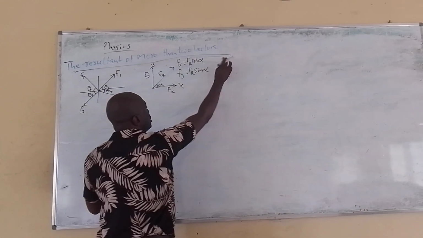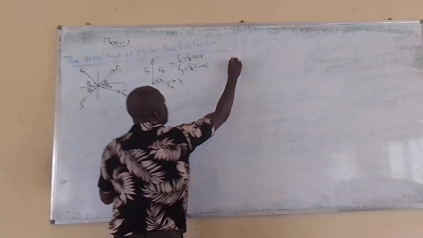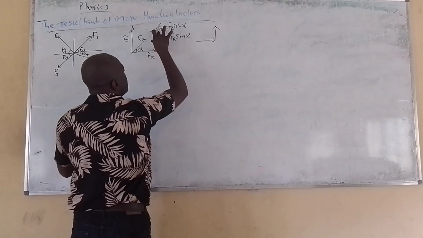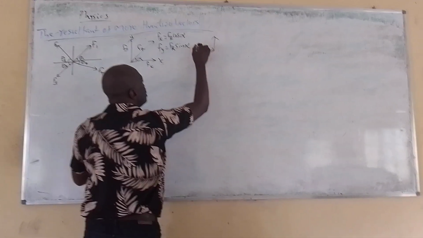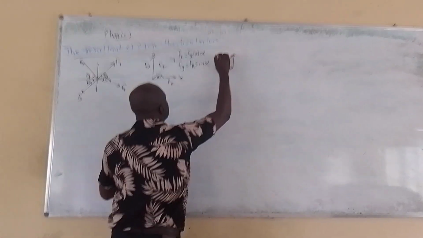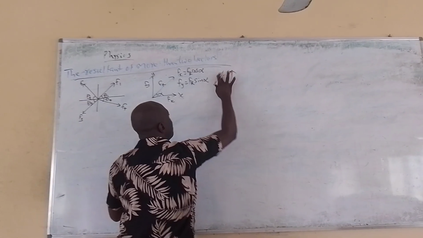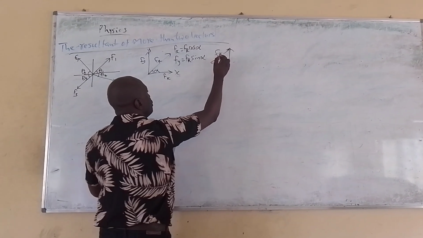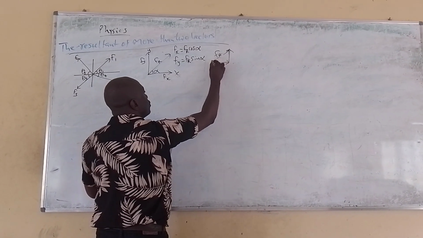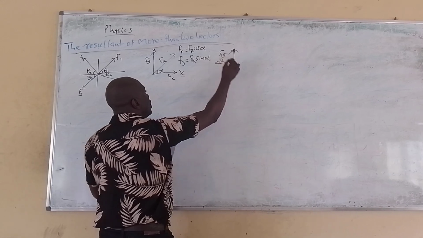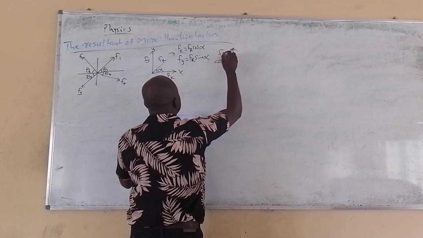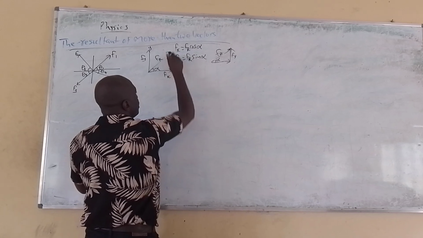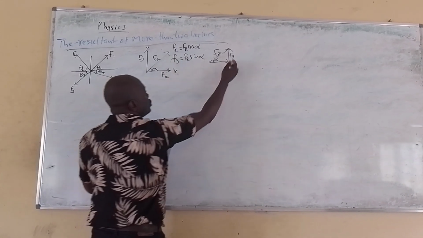Then this one that is already here will now be this way, and then it will be F of R this way. You can call this angle alpha to denote your angle, or you call it theta or anything. Then this one can now be your F of Y, coming this way.